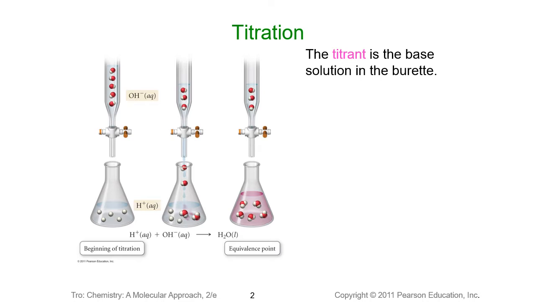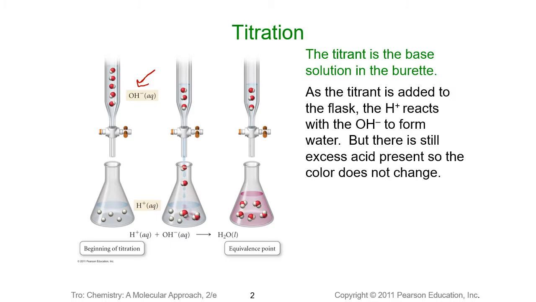The titrant in this case, because it is in the burette, is the base. We add the titrant to the flask. As it gets added, the base reacts with the acid, forming new water molecules. In our middle example, we are not to completion yet because there is still acid that is unreacted.